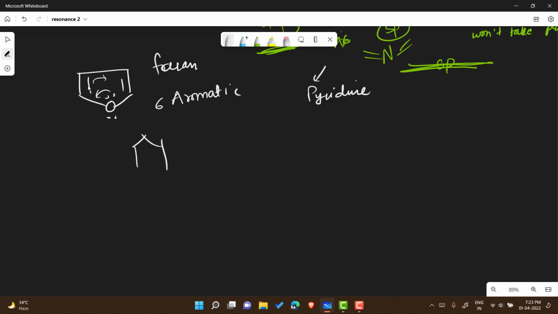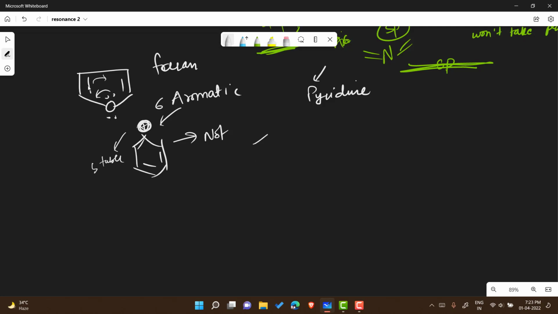And another way, if such an example comes, then this positive charge won't take part in resonance. So here the carbocation is not resonance stabilized, so it's easy to react, right? Because it's not stable, and anything which is not stable wants to get stable, so it's easy to react.